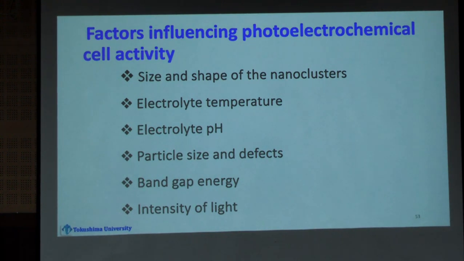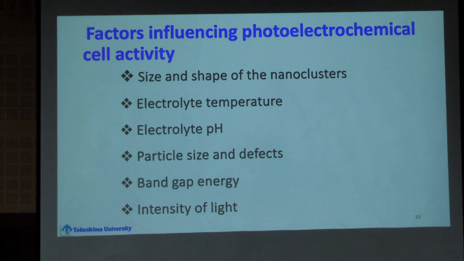One of the electrodes should be made up of a semiconductor or other type of material. If it has a certain particle size or defect, it will affect the photoelectrochemical process. Then band gap energy is also important, because you are moving the charge carriers. And intensity of light, again the same thing.